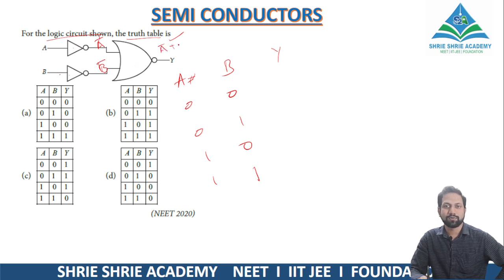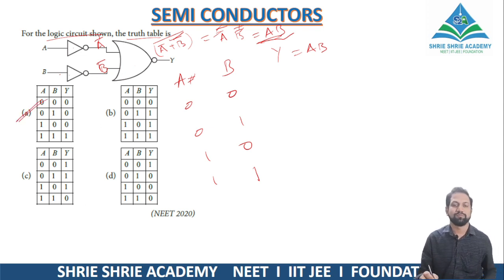So A bar plus B bar whole bar is A bar bar into B bar bar. The bars cancel, then you will get AB, right? So A into B is an AND gate. The AND gate truth table is option 1. Only if both are high is the output high. It's very simple and straightforward.